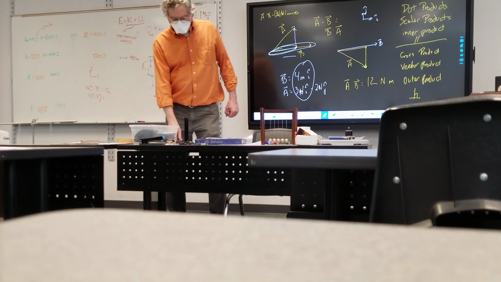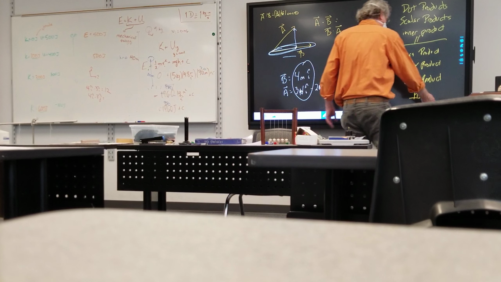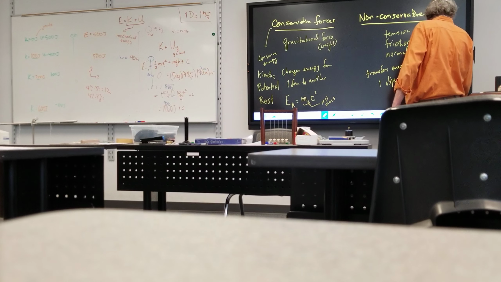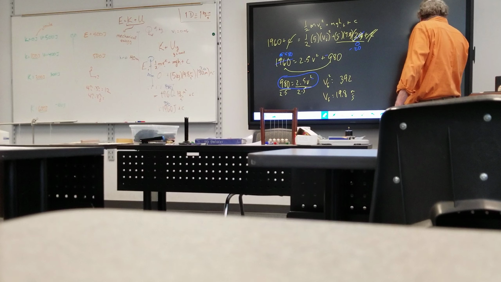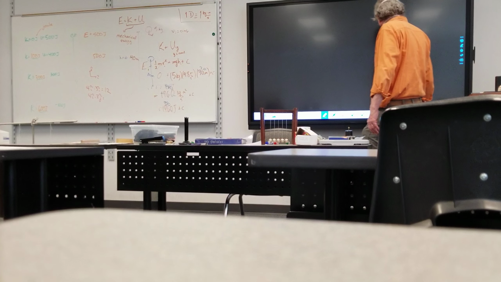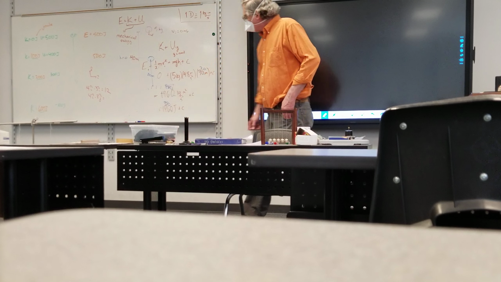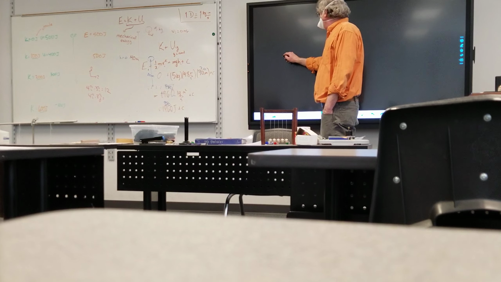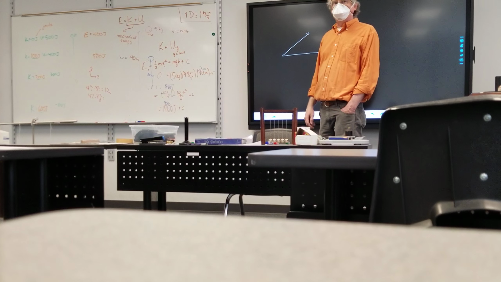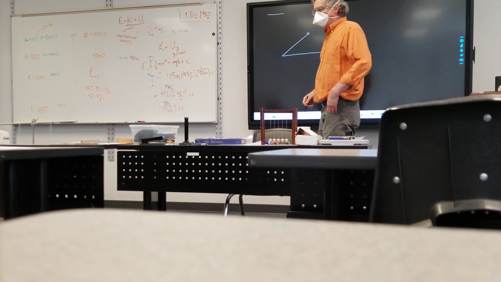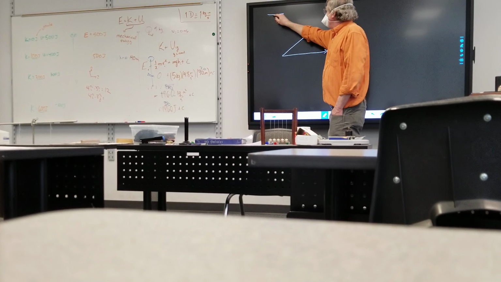Let's look at this a different way. I have a vector here and a vector there, and I'm doing a dot product. Let's imagine I've got two pieces of wood, and I have a light above them.